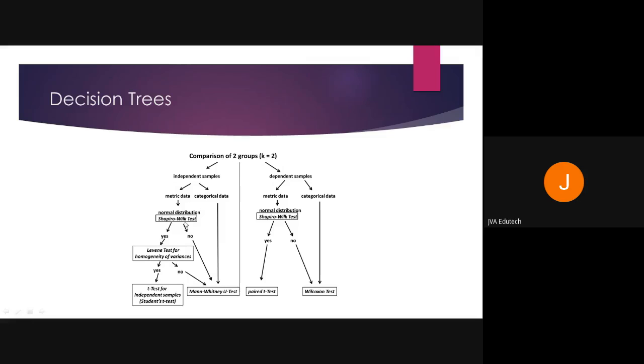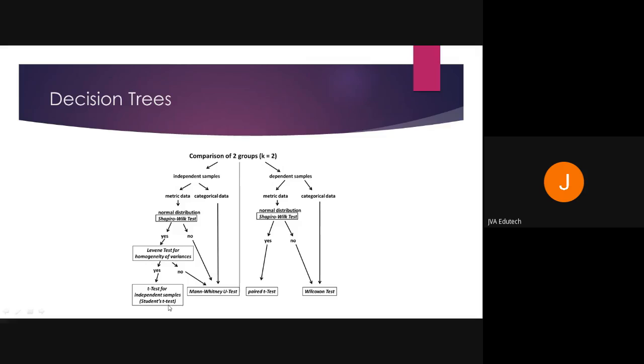If it fails to follow the normal distribution, again you will go for the Mann-Whitney test. Else you will proceed to test homogeneity of variance. If it fails to have homogeneity of variance, you will again go to the Mann-Whitney test. Else, if the answer is yes, you will go for the independent t-test. Clear?